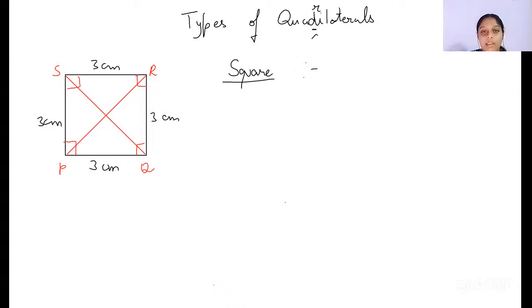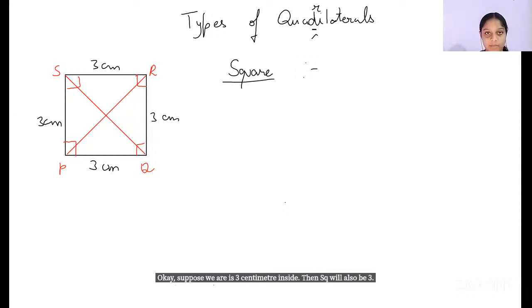Now in my square, the two lines I've drawn inside in red are known as the diagonals of a square. PR and SQ are the diagonals of this square, and they are equal in measure. Suppose PR is 3 centimeter, then SQ will also be 3 centimeter.